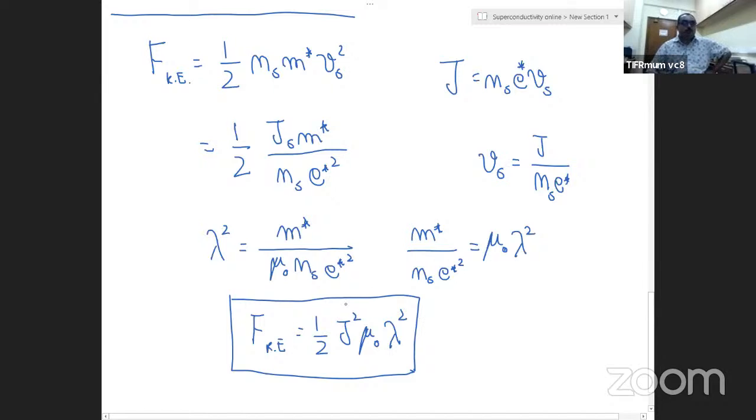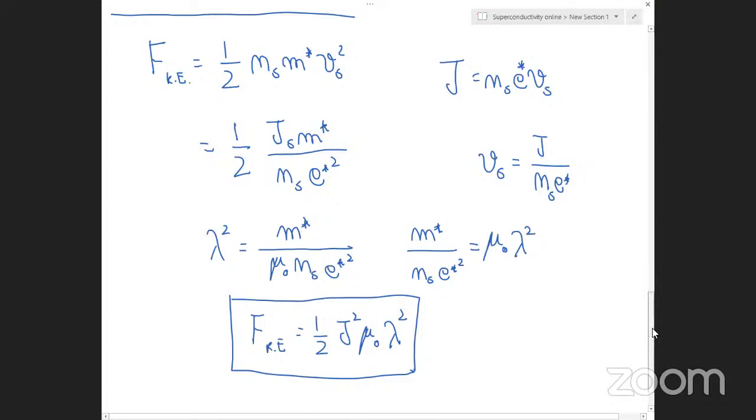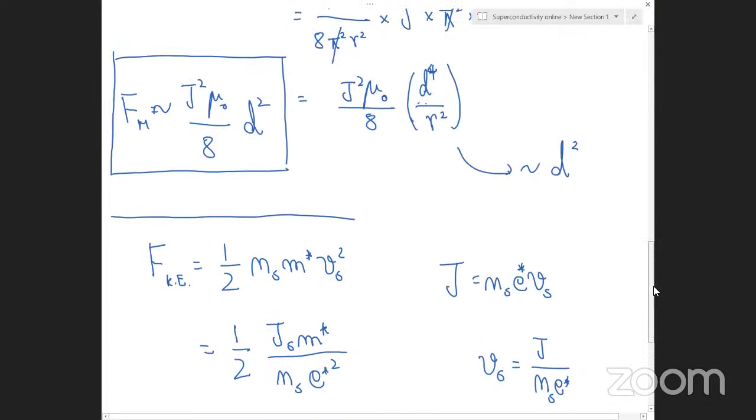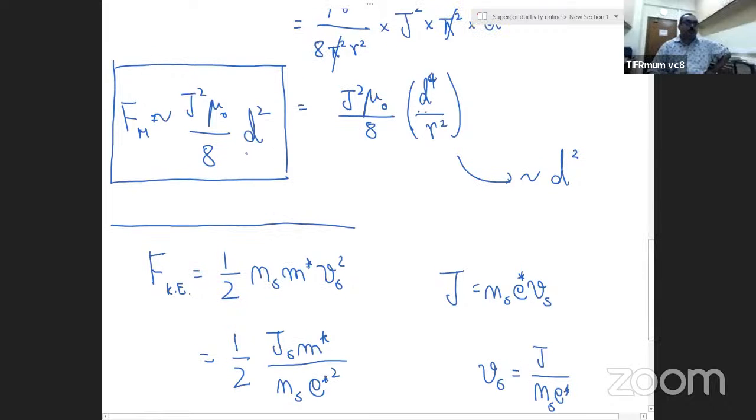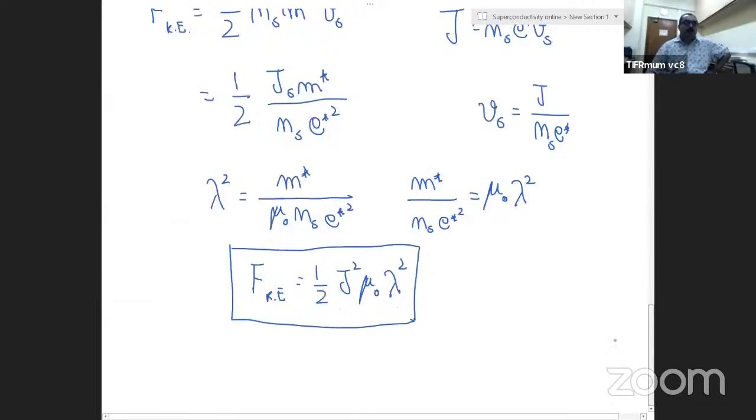Okay, so in the case of the magnetic energy, we had d squared, and in the case of kinetic energy, we have lambda squared. But I have already assumed to start with that d is much less than lambda.